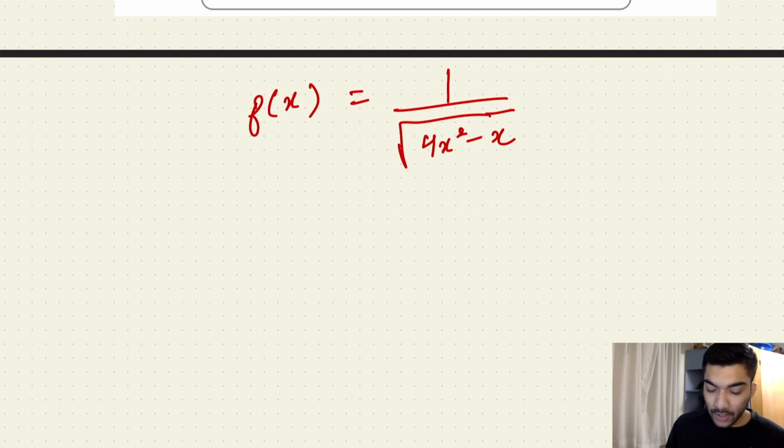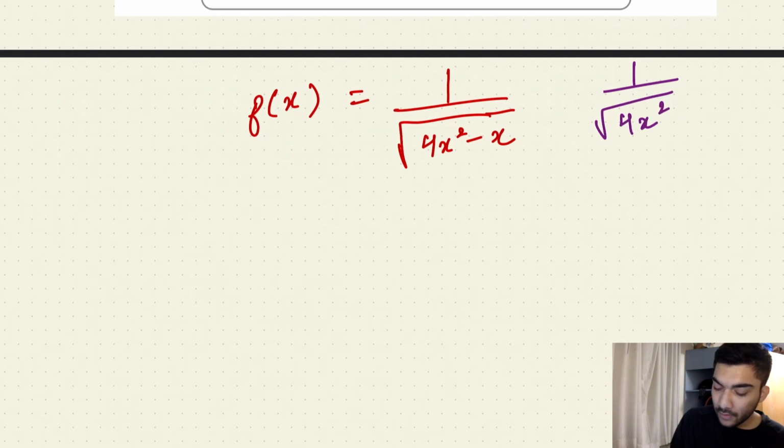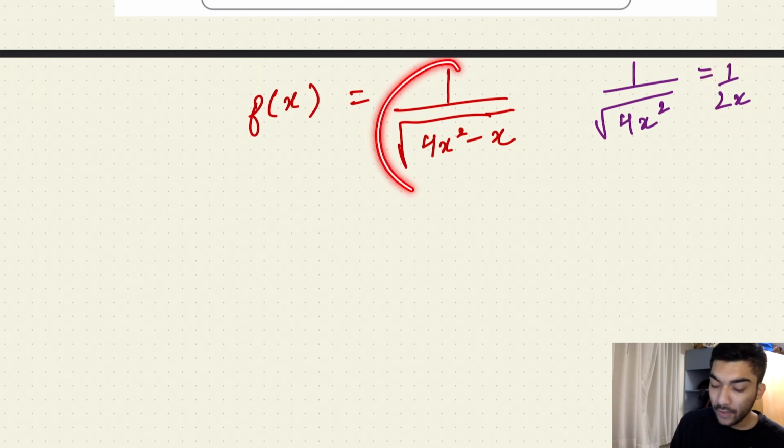And we can clearly notice that by comparing, if we have another function which is much more simplified, which has its denominator much more simplified, for example, the denominator is something like 1 over root 4x square, right? Which is indeed equal to 1 over 2x. We know that it is much easier for us to calculate the integral of 1 over 2x as compared to this function over here, right?